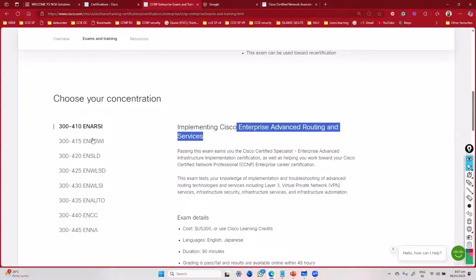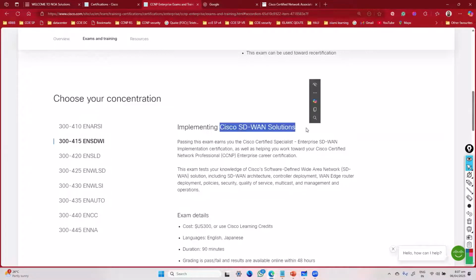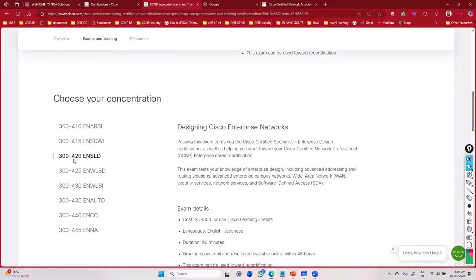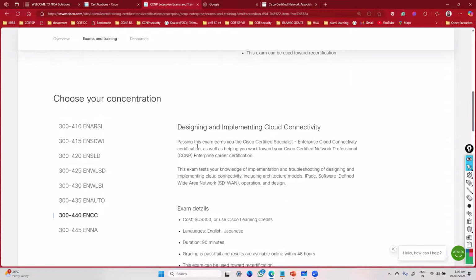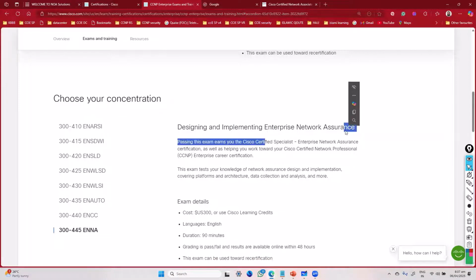Additionally, you will have the enterprise SD-WAN solution, which is more on WAN automation. Similarly, you have enterprise design and enterprise wireless. If you want to get into wireless, then these are the two modules you can focus on. And automation, and there are some newly added ones like cloud connectivity and enterprise network assurance.